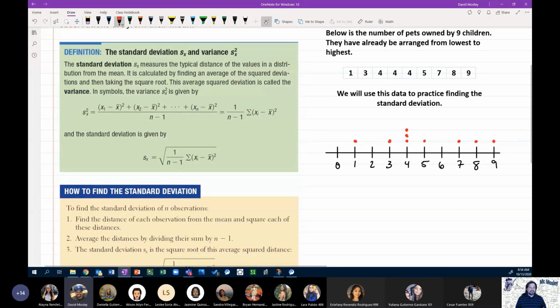Now, we need to find the distance from the mean, which means we need to find the mean first.